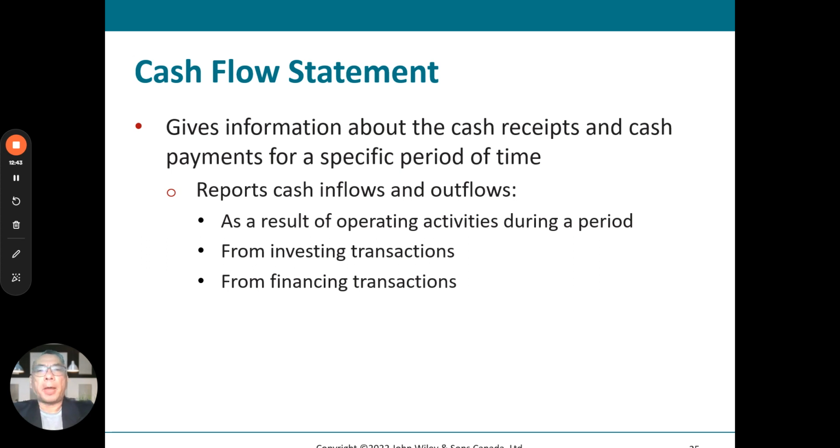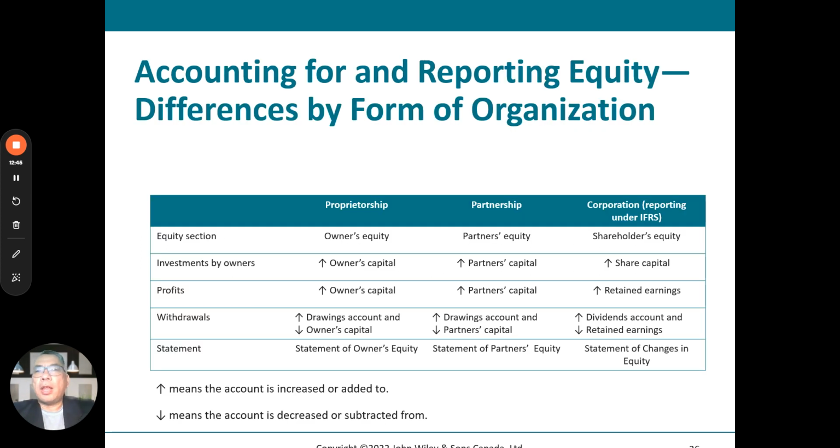Accounting and reporting equity, the decision by form of organization. You can see the brackets here: proprietorship, partnership, or corporation. In terms of equity sections, it is owner's equity for proprietorship, partners' equity for partnership, and shareholders' equity for corporations.